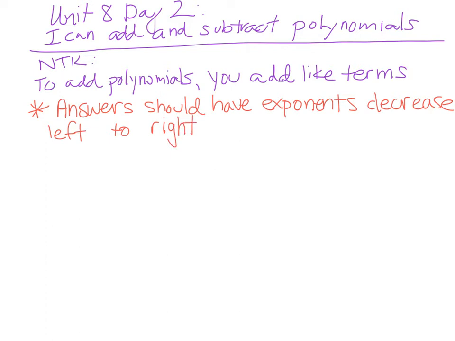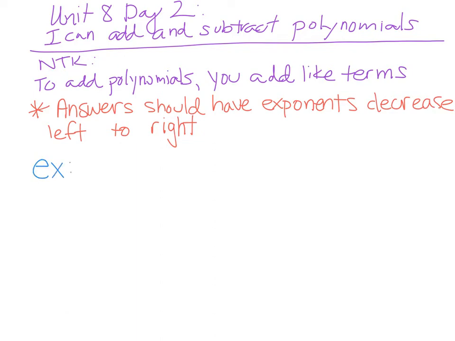That's kind of what we talked about in class today about rewriting them, but your answer should always have the exponents decreasing left to right. So the biggest exponent on the left and the smallest exponent on the right. Okay, so we're going to look at examples of how to add.